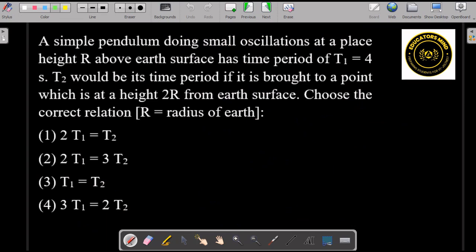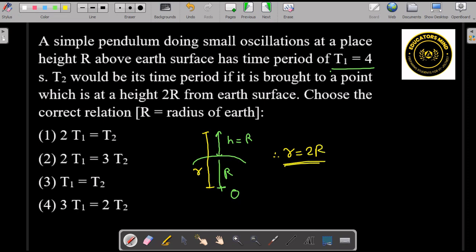A simple pendulum doing small oscillations at a place of height R above the surface of Earth has time period 4 seconds. Okay, time period they have given at a particular location. That means height is R, and Earth's radius is R. So the radius from the center of Earth is equal to 2R, isn't it?